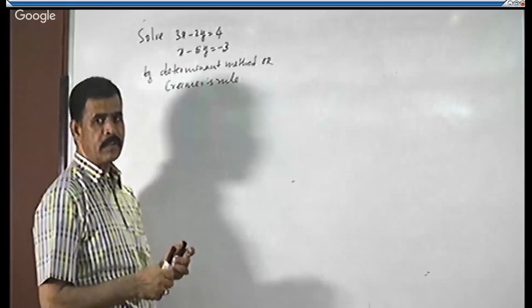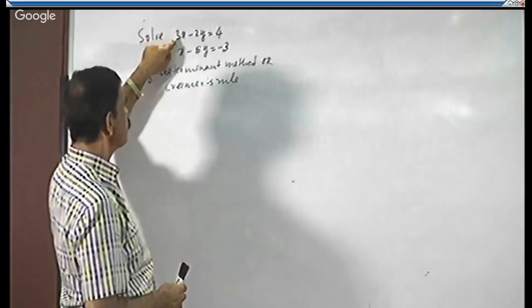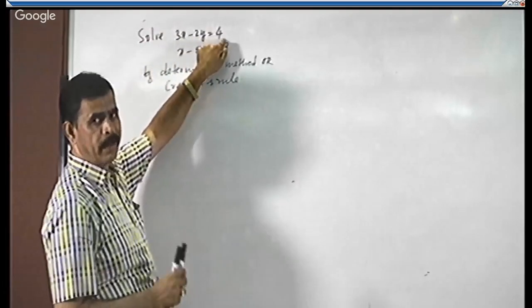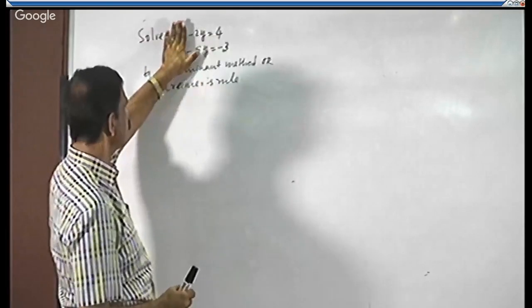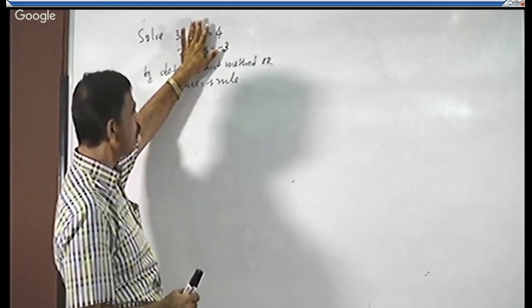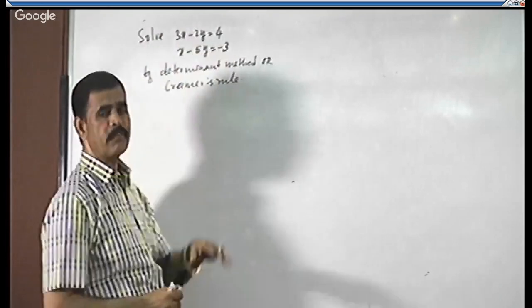So the equations are simultaneous and linear. First, observe whether they are in standard form or not. They are in standard form, right? The first term is x, then plus or minus y term is there, is equal to constant. Both the equations are in standard form only.